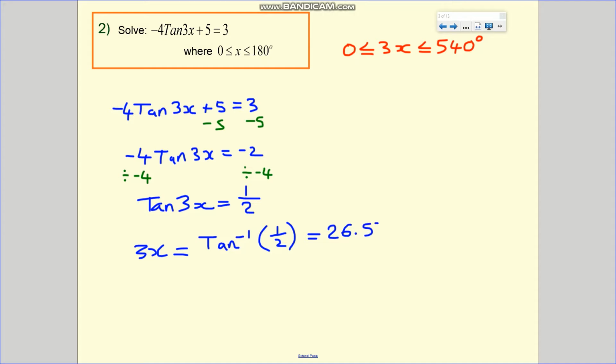Okay, that's one of our answers for tan 3x. Another one would be from the tan quadrant as we go around the CAST diagram, so it's going to be 180 plus 26.57, or 206.57.